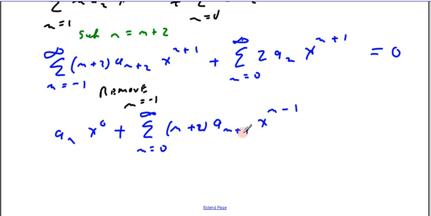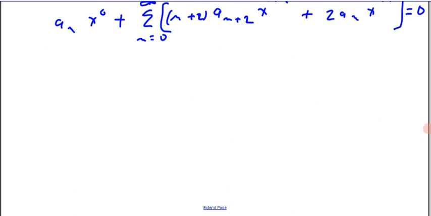This is still a 2, that's still a 2, that's still a 1. Okay, plus, now I got the same 0 to infinity indexing, so I can throw this guy in, 2a n x to the n plus 1 is equal to 0. And the summation goes over the whole thing.